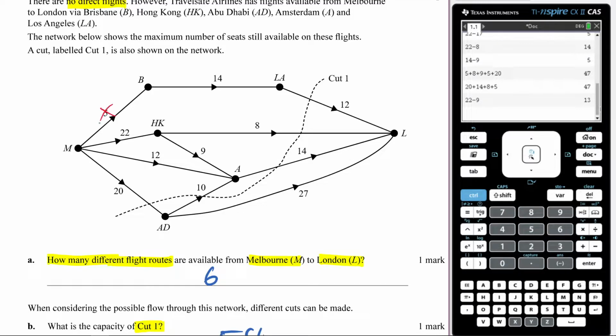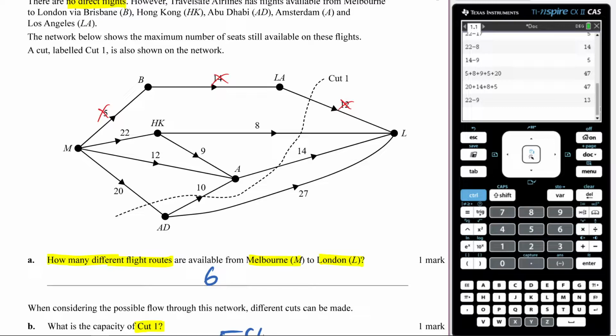It's also pointless to add them here because if I add 8 onto this, 12 can't maintain it. So it's pointless to add anything along this pathway. Even if I was to add it, say, to here, this now would become 20. Well, I can only fit 5 people through here. So adding 8 anywhere along that pathway is pointless. And hopefully you can understand that logic there.